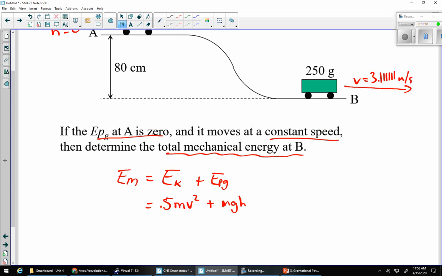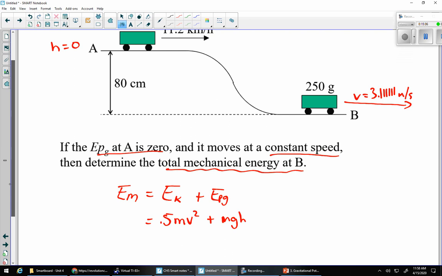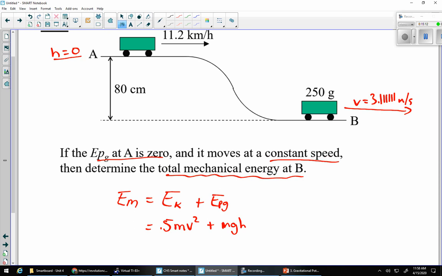There's just one little piece that we got to look at before we actually put numbers in. Kinetic energy, no problem. That's a piece of cake. It's always positive. But this height, if I've got a height of 0 here, that means I've got a height of less than 0 here. So I might call that negative 0.8 meters, and I automatically change the centimeters into meters. Or in other words, I've got less than 0 gravitational potential energy at that height.